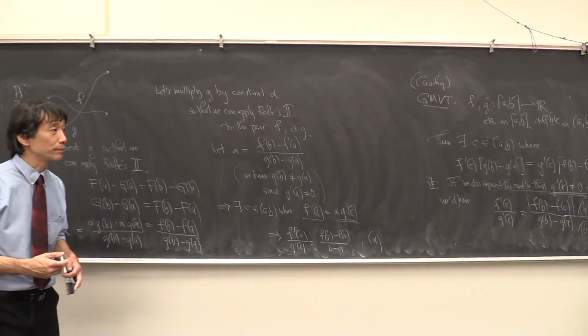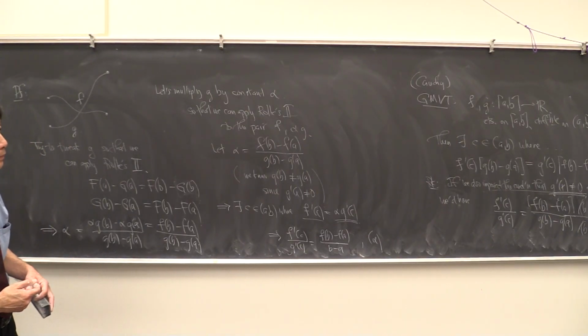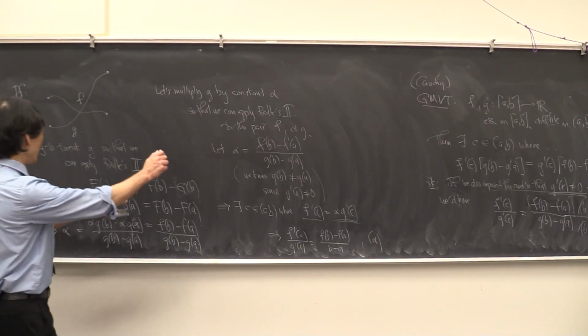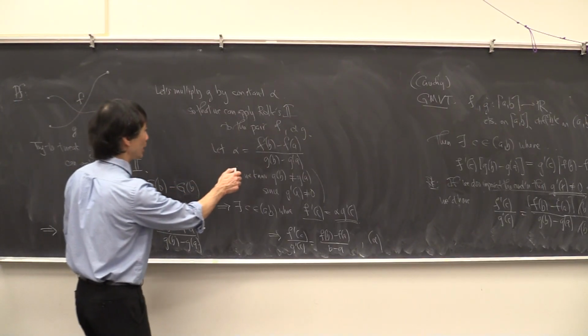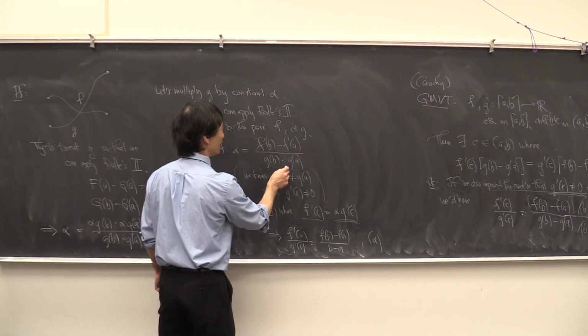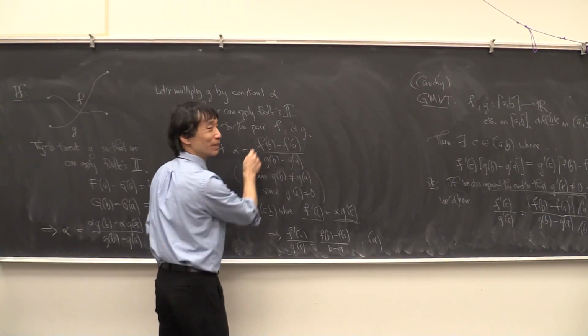If we were trying to also handle the case where the endpoints are equal, would we just use the point where g prime is 0, guaranteed by Rolle's rules, and then it's simpler than that. You would rather just multiply f by this constant and multiply g by this constant.